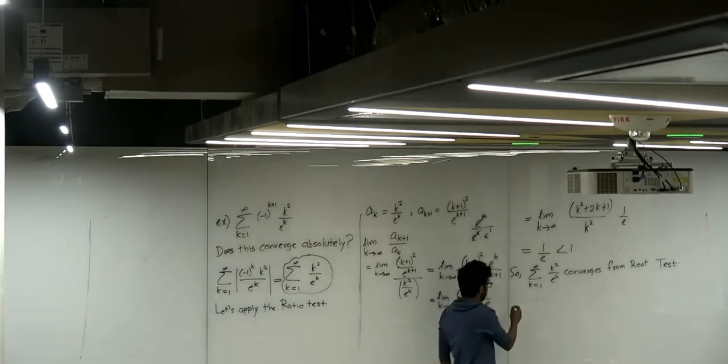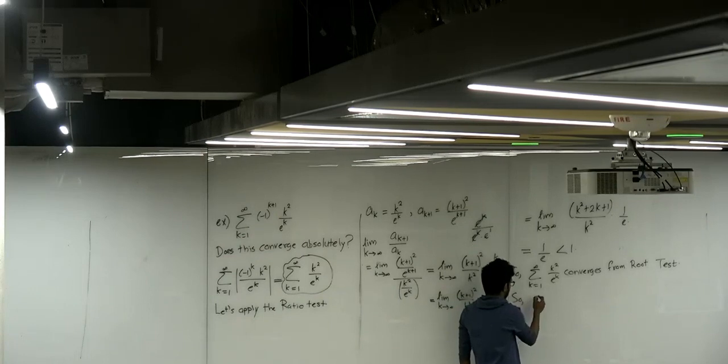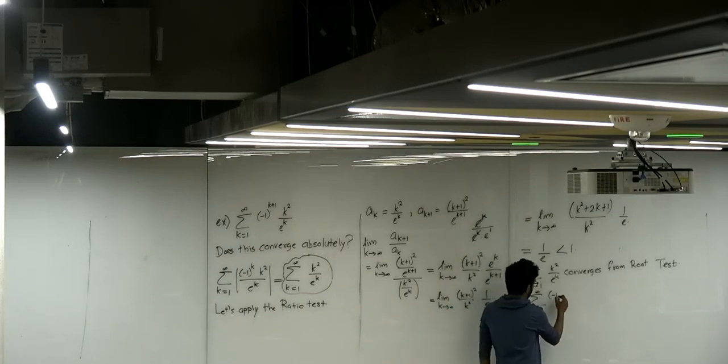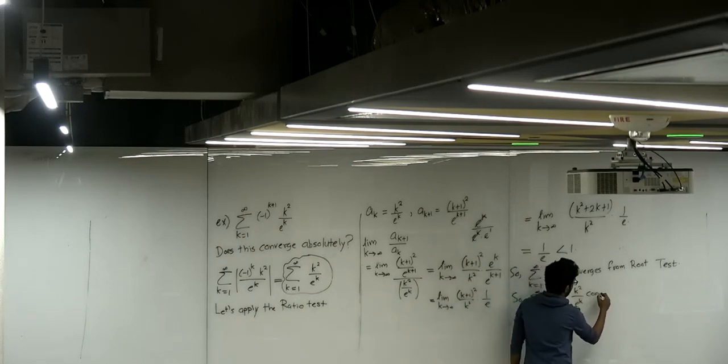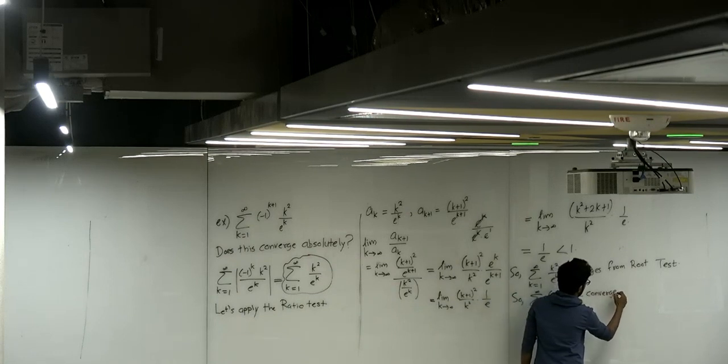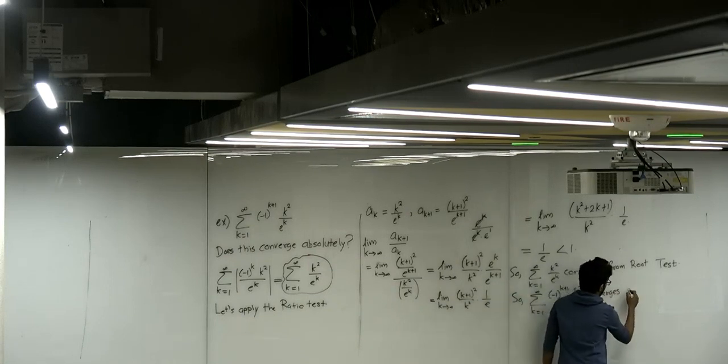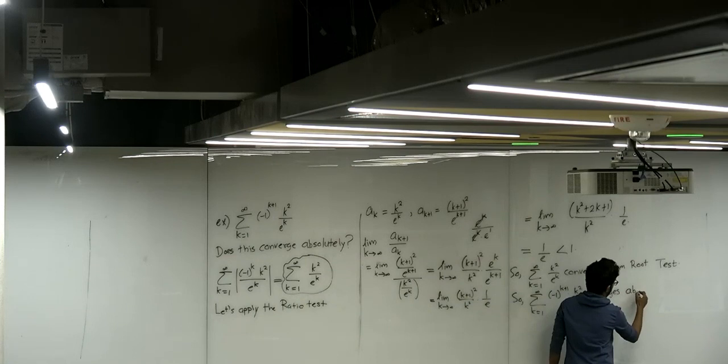So the sum from 1 to infinity of (negative 1) to the power (k plus 1) multiplied by k to the power 2 divided by e to the power k converges absolutely.